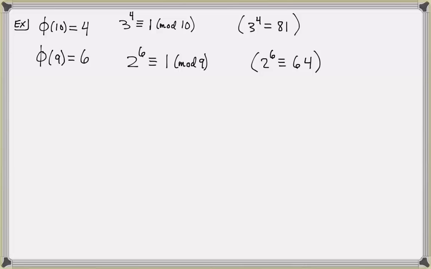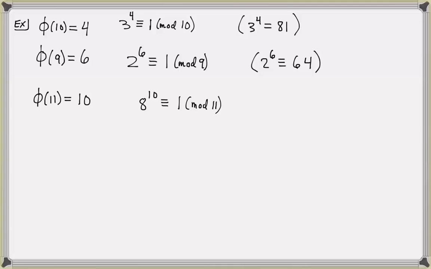Let's do something a little bit less trivial. Phi of 11, 11 being prime, phi of 11 would be 10. So let's take a number that's relatively prime to 11, like 8. What if I wanted to simplify 8 to the power 10 mod 11? Well, we know that 8 to the power 10 must be congruent to 1 mod 11.